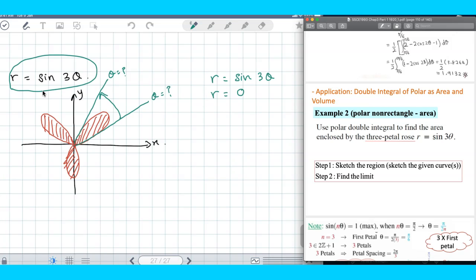Why don't we use r equal to 1 or so on? Because, as you can see, all the petals here are passing through the origin, right?